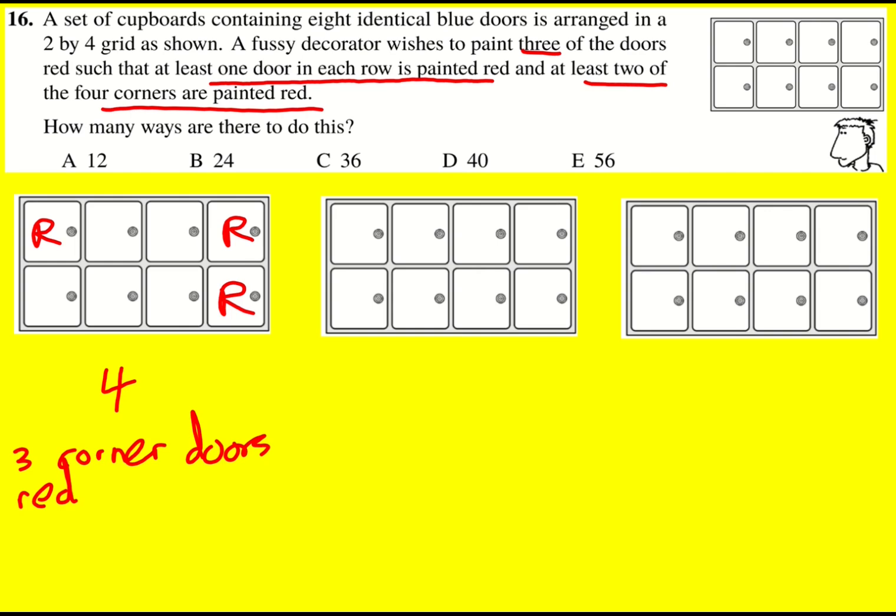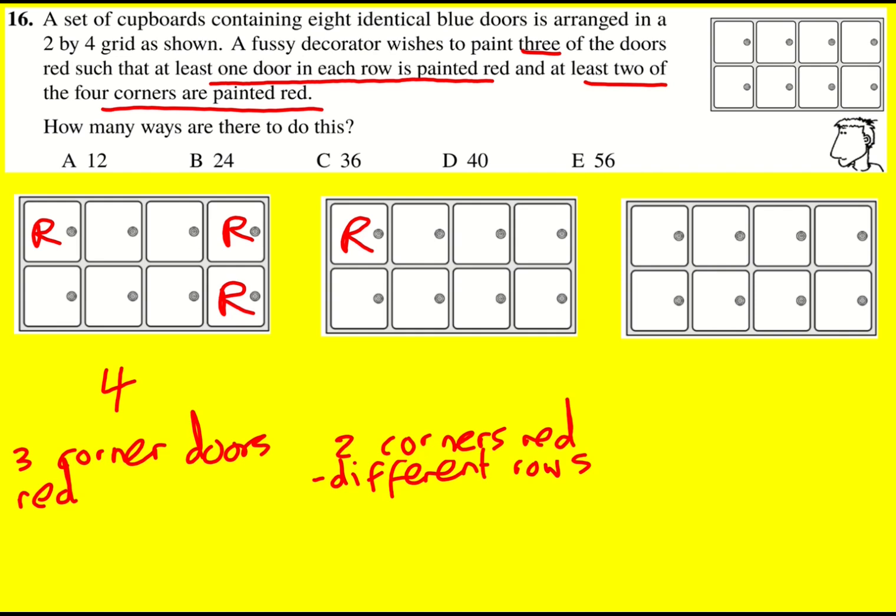Okay, let's move on to the second case. So now I'm just going to have 2 corner doors red. But they're going to be in different rows. That will affect what I can do for my third door.